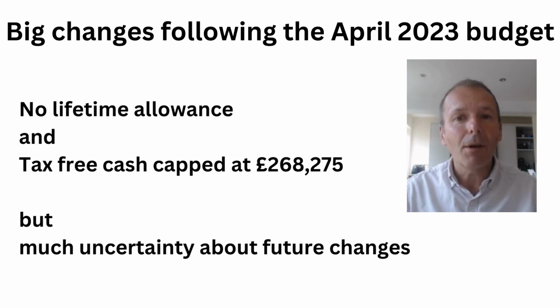And most importantly, there's much uncertainty about future changes and whether governments in the future will just reverse all this, whether they'll maybe get rid of the tax-free cash altogether. So for this reason, it's really useful to have a retirement calculator spreadsheet you can just plug your numbers into and get an optimal pension withdrawal strategy.